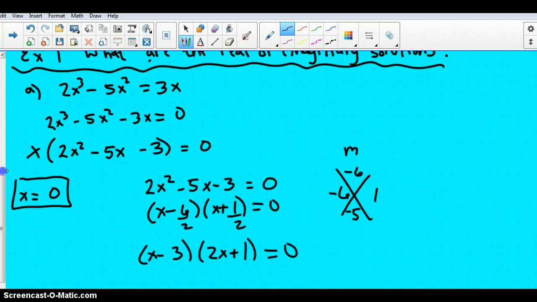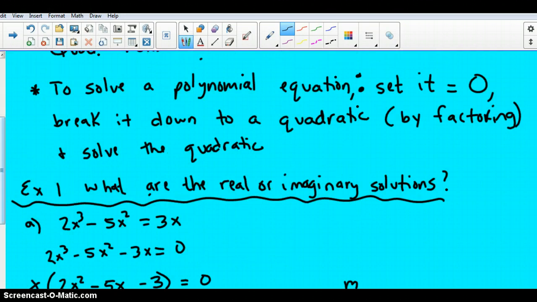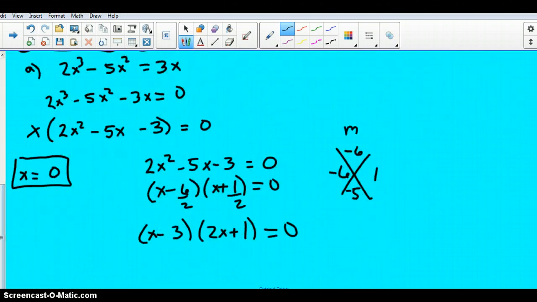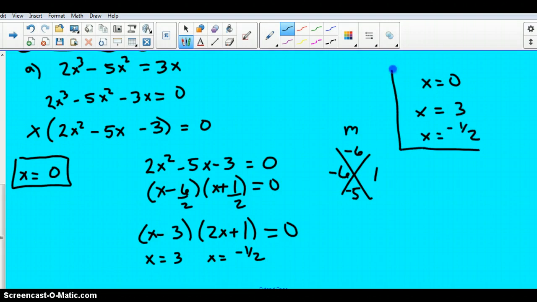Those are the factors. Those are not the solutions. To get the solutions, I set each factor equal to 0, so I get x equals 3 and x equals what? -1/2. So my three solutions are x equals 0, x equals 3, and x equals -1/2. And I should have gotten three solutions anyway.